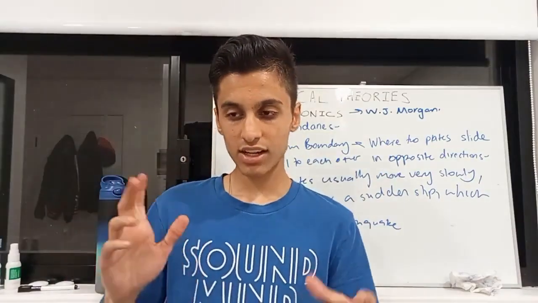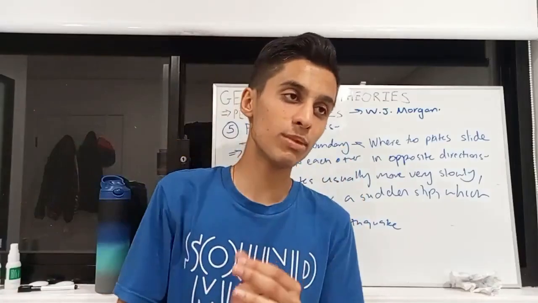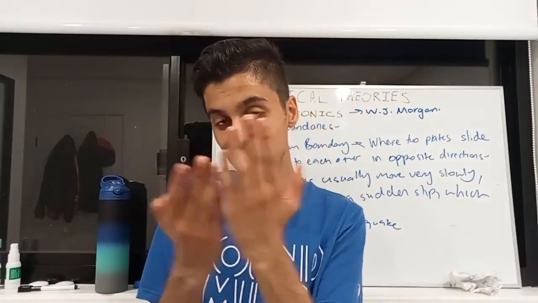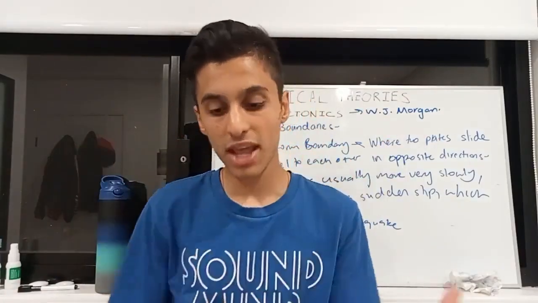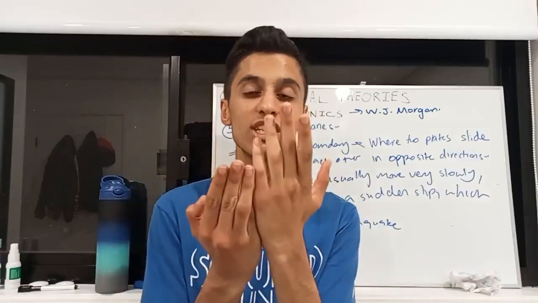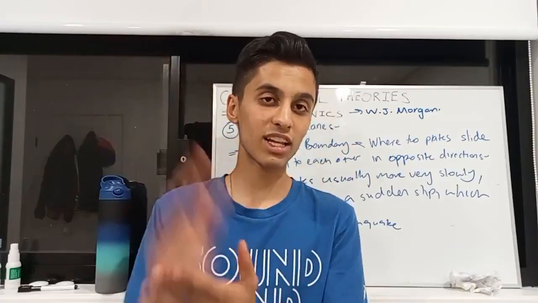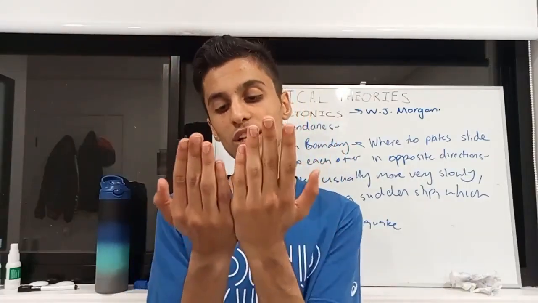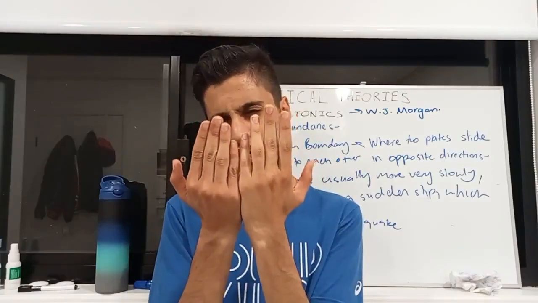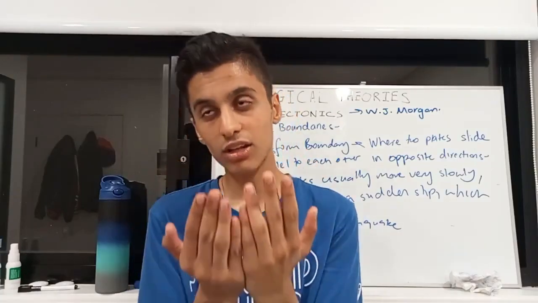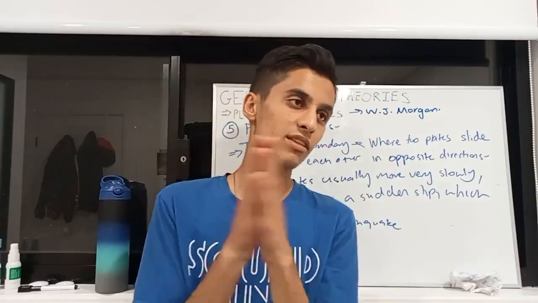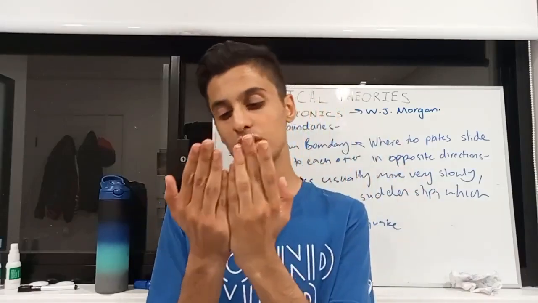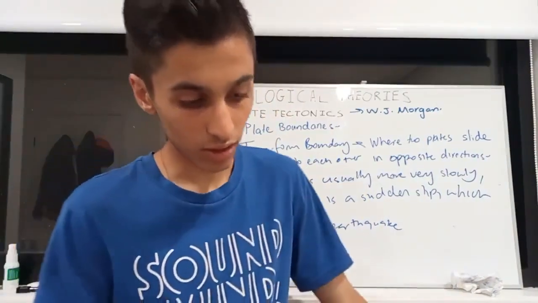In fact, they have lots of deformities, these jagged lines which create friction, and this friction stops them from moving smoothly. Usually they're moving really slowly, and at one point the movement force overtakes the friction force, and so this causes them to just slip apart, and this causes an earthquake.